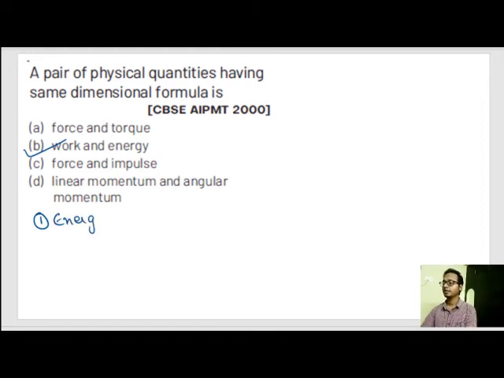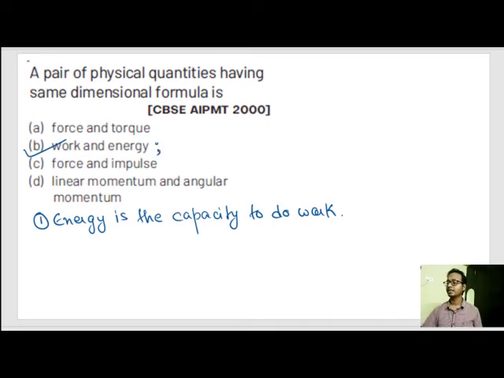Work, energy, and its distant cousin, torque. Although they have similar units and dimension, they vary a little bit by concept.